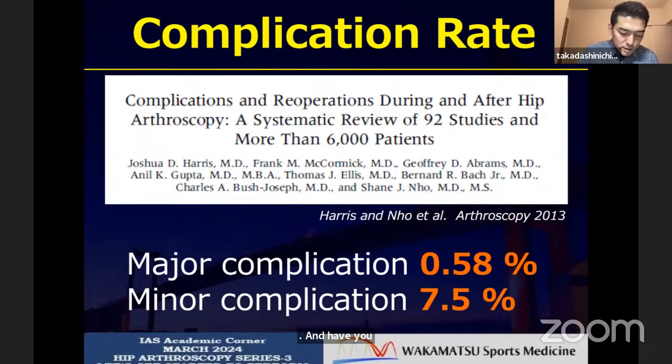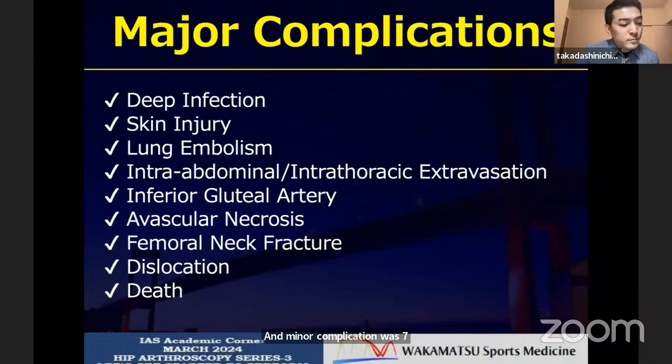The reported major complication rate was 0.58% and the minor complication rate was 7.5%. The major complications included deep infection, skin injury, pulmonary embolism, intra-abdominal or intrathoracic extravasation, vascular injury, necrosis, femoral neck fracture, dislocation, and even death due to fluid extravasation.